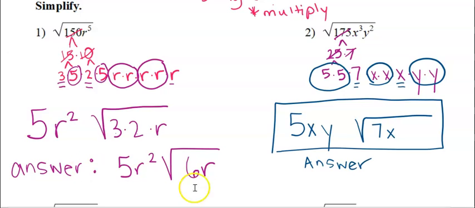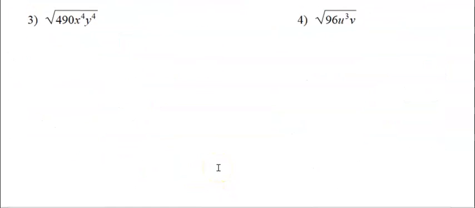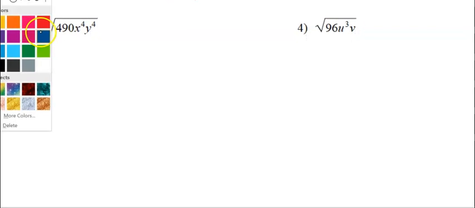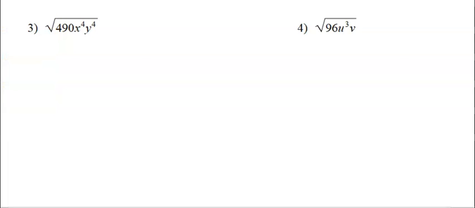All right, let's try another one. So sometimes the numbers get a little larger, and this has a little different scenario with the variables. So let's think of 490. So I know it ends in a 0, so 10 will divide, but you can pick any number to divide that by. And if we divide, we get 49.